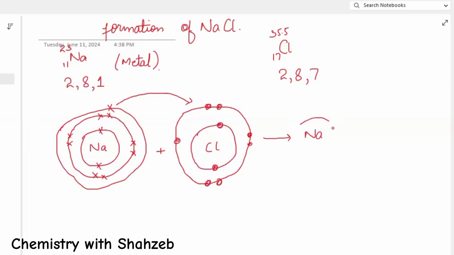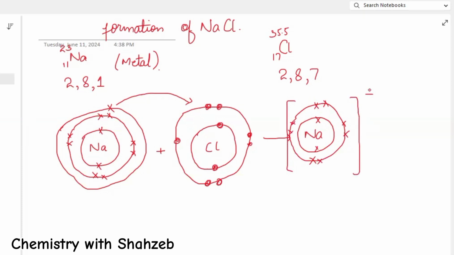First shell is of 2 electrons, second is of 8 electrons. As it has lost 1 electron, it has a positive charge.